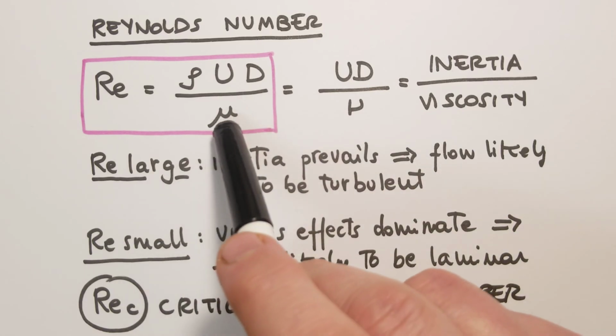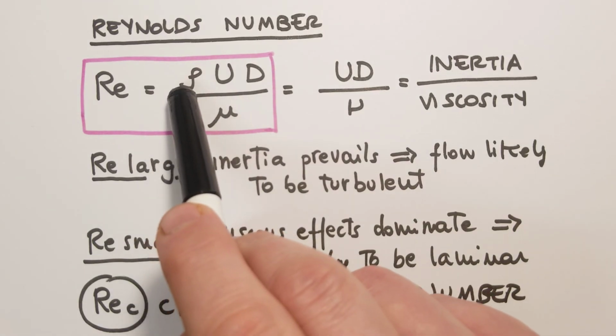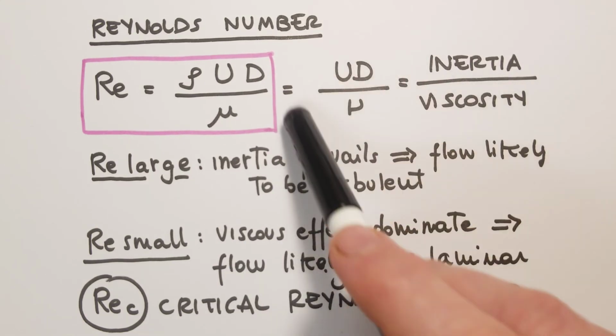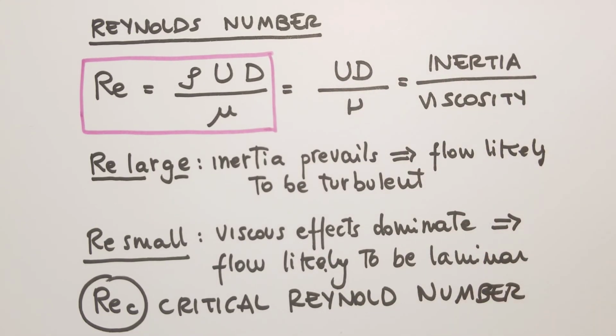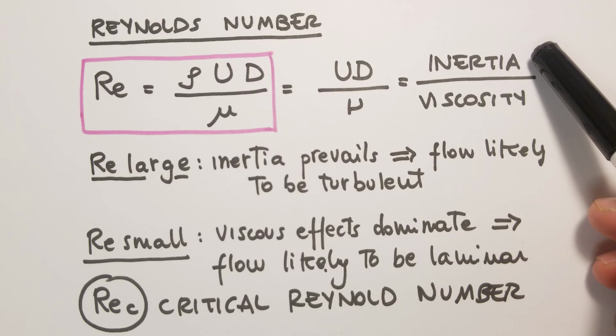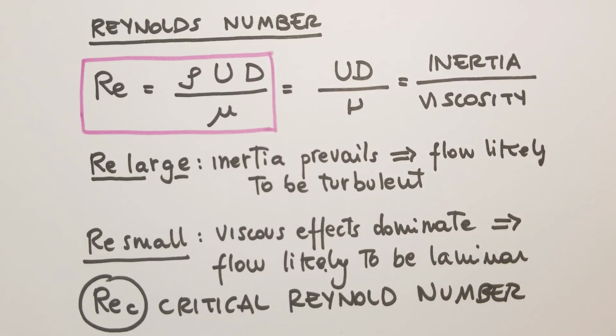But the dynamic viscosity divided by the density equals the kinematic viscosity. So this is a more compact way to write the Reynolds number. So when the Reynolds number is large, then inertial effects prevail, so the flow has more tendency to become unstable and to develop into turbulence.